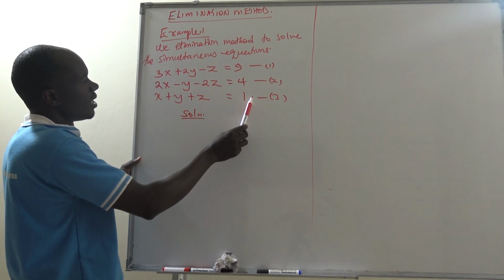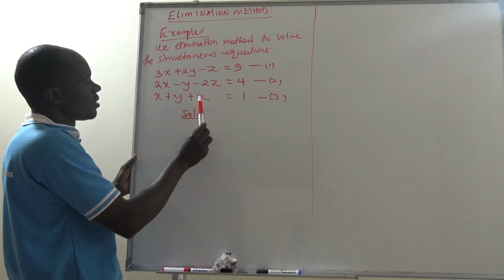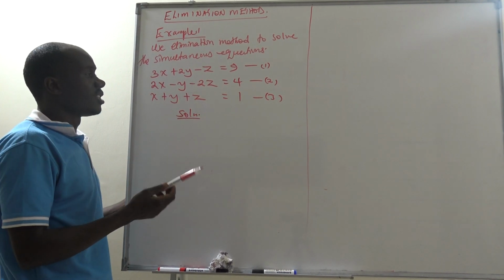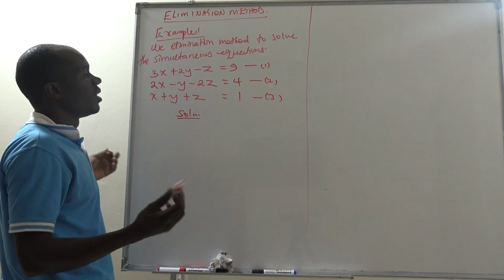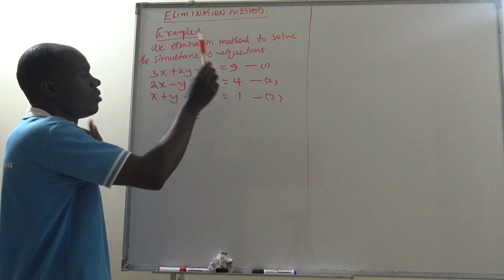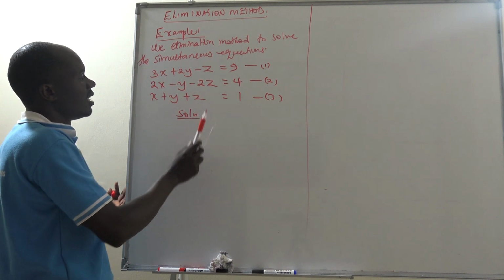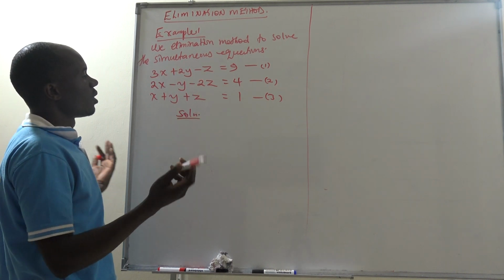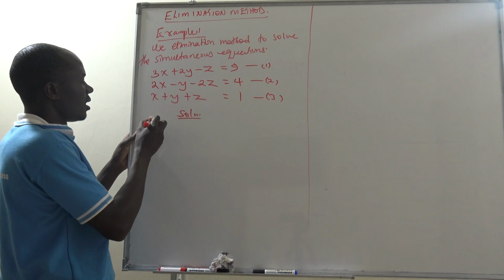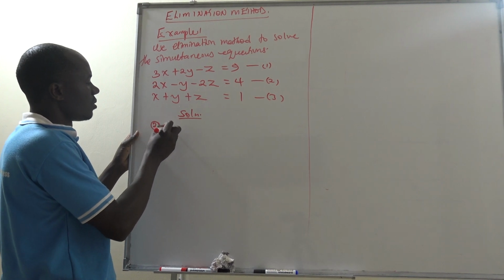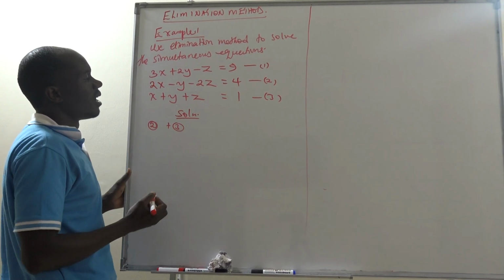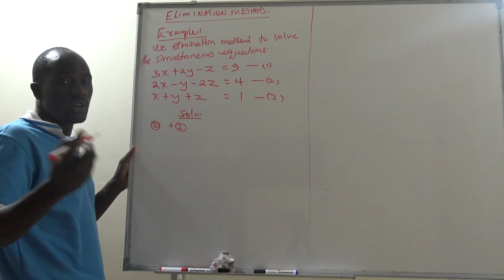With 1 and 3, there is negative z and positive z. So I can either add 1 with 3, or 2 and 3. Which one is easy for you? I can say equation 2 plus 3, so that I eliminate y.